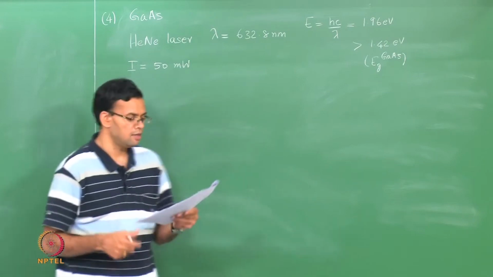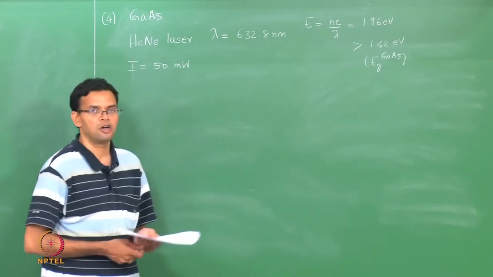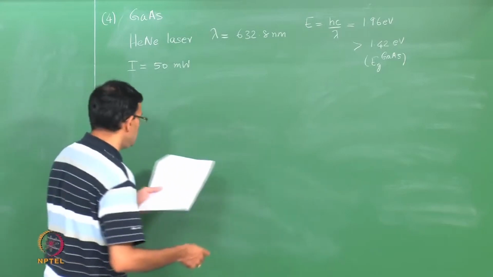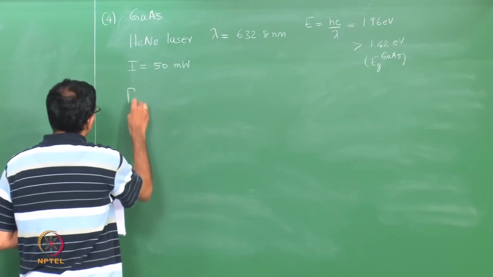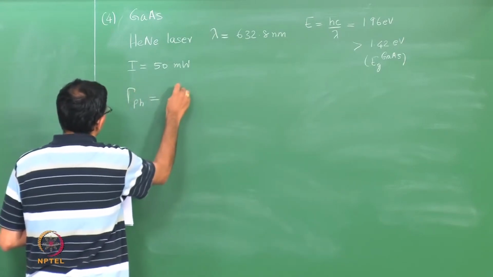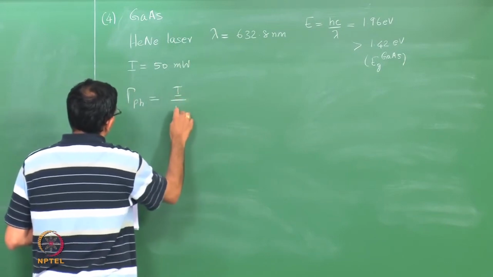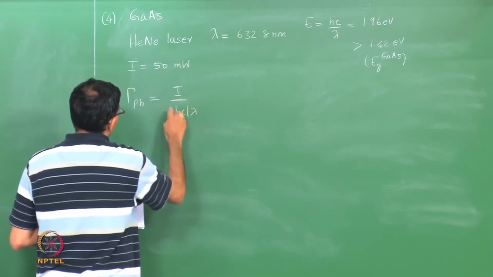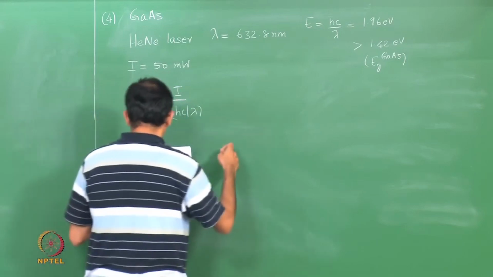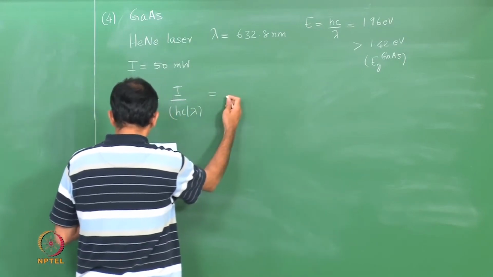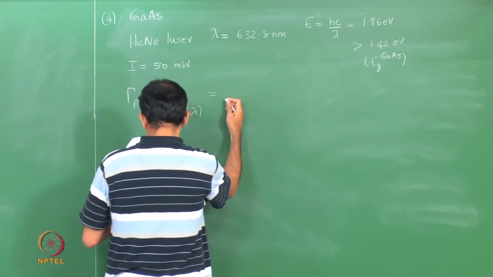So, to calculate the energy lost or the power lost to thermalization, we first need to calculate the number of photons. This is again I over hc over lambda, which gives you the number of photons.